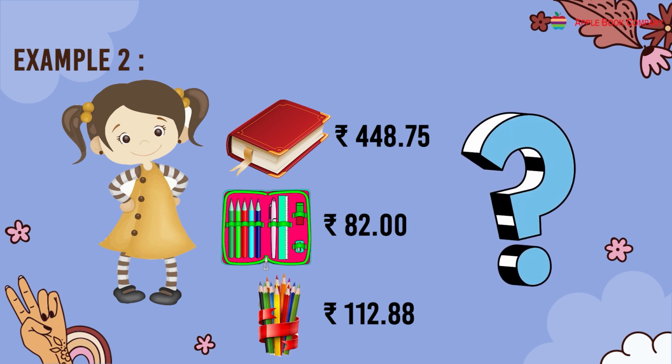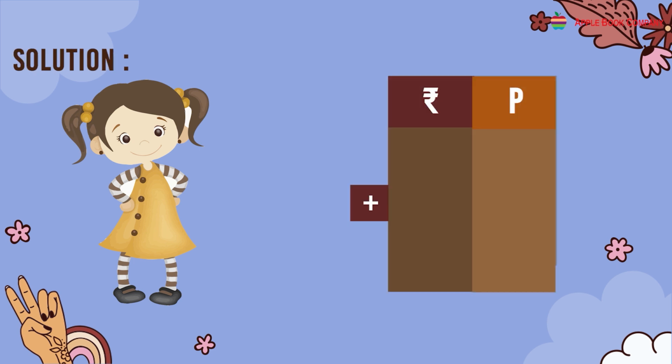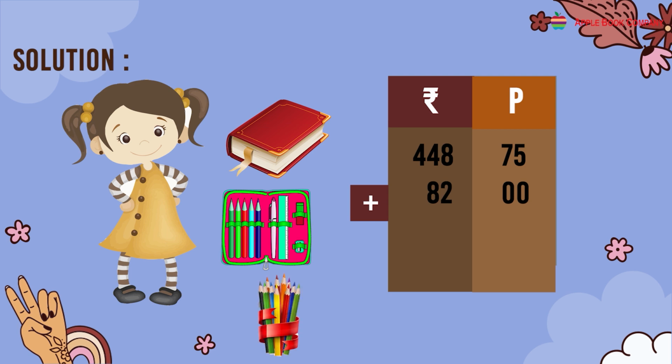How much did he spend in all on the stationery? Solution. Money spent on a book, 448.75. Money spent on a pencil box, 82.00. Money spent on painting colors, 112.88.